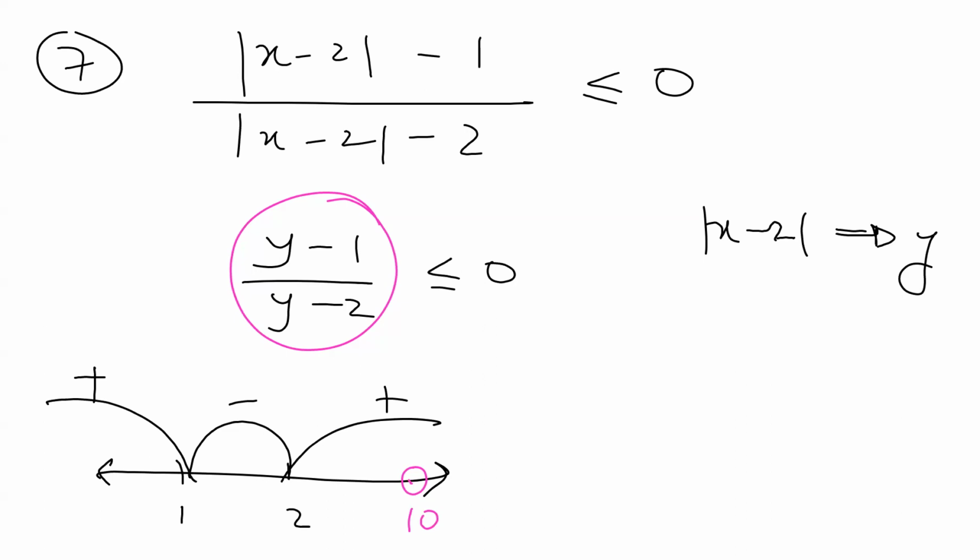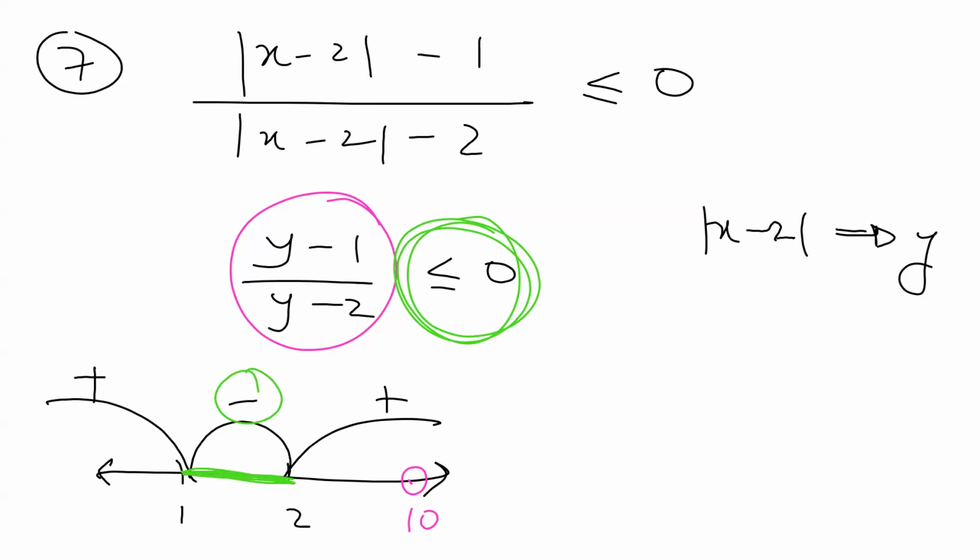Yes or no? Yes, sir. Now less than or equal to 0. What is the meaning of less than or equal to 0? Negative. Correct. Negative. Perfect.